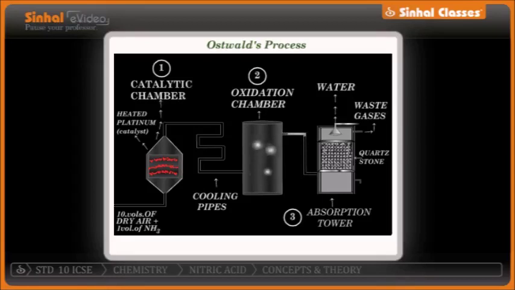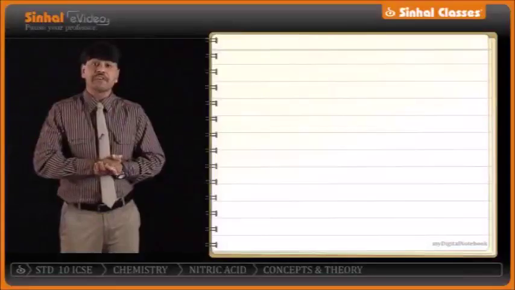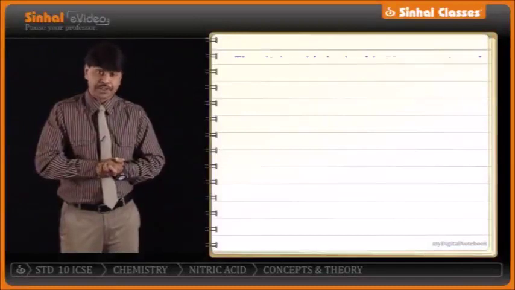NO2 which enters in the absorption tower combines with moisture. Some amount of water is sprinkled from the top also, and in presence of oxygen it forms nitric acid. The reaction goes like this: 4NO2 plus 2H2O plus O2 will form 4HNO3.